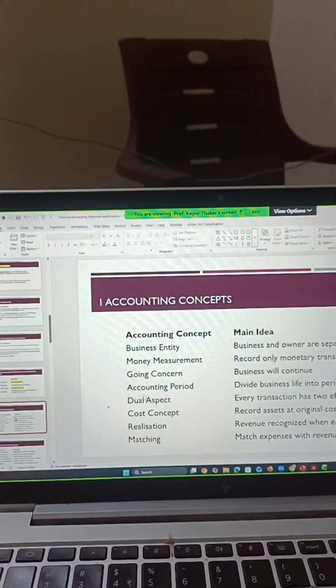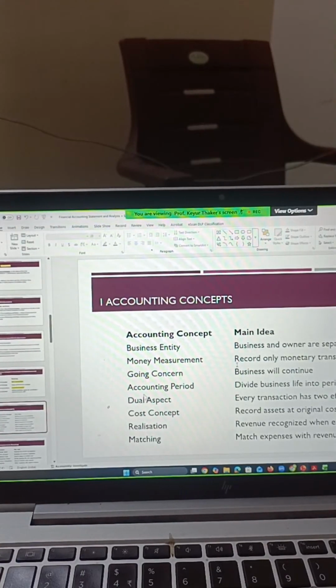So let us look at the accounting concepts. The first is that business and owner are separate, and we only record monetary transactions. So in the P&L statement, we will not say that we sold 50 lakh pipes or 40 lakh pipes. We will only show that we have generated revenue of 32,000 crores. We will not show how many units of electricity we have consumed, how many components we have consumed, or how many people came to work.